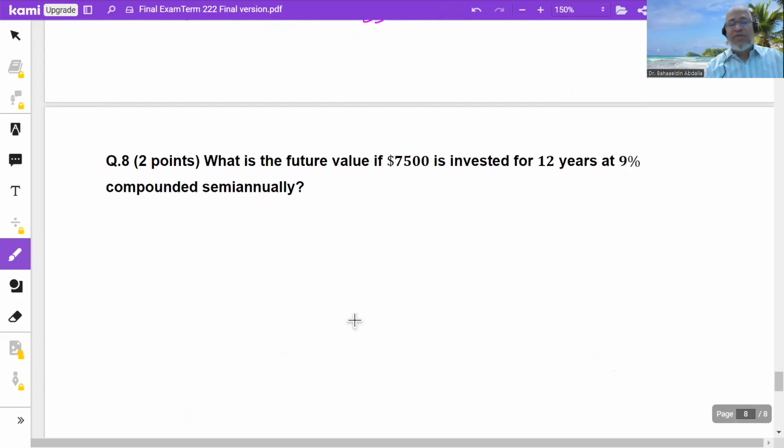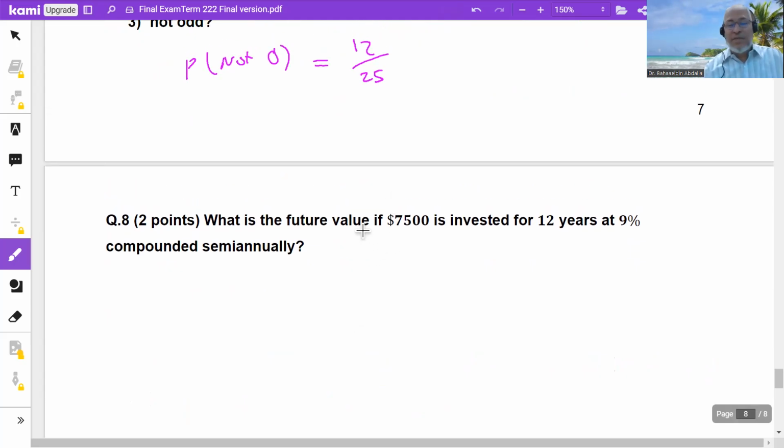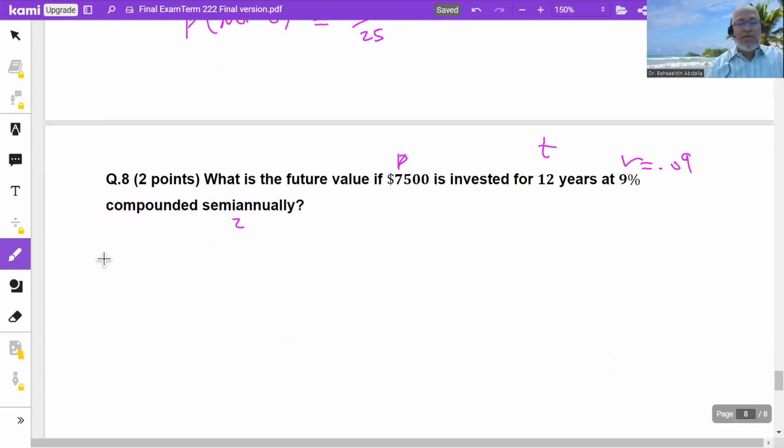Question 8. What is the future value if the principal is 7,500 invested for 12 years, so this is T, at 9%, this is R, 0.09, compounded semi-annually, twice a year. Semi-annually means twice a year.